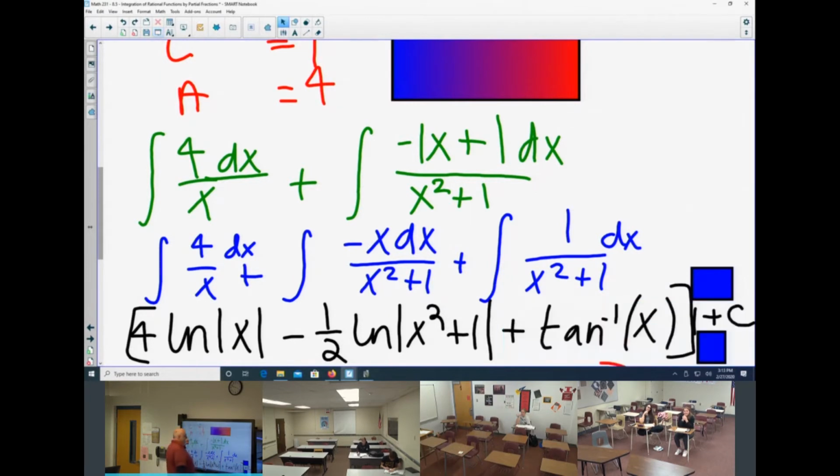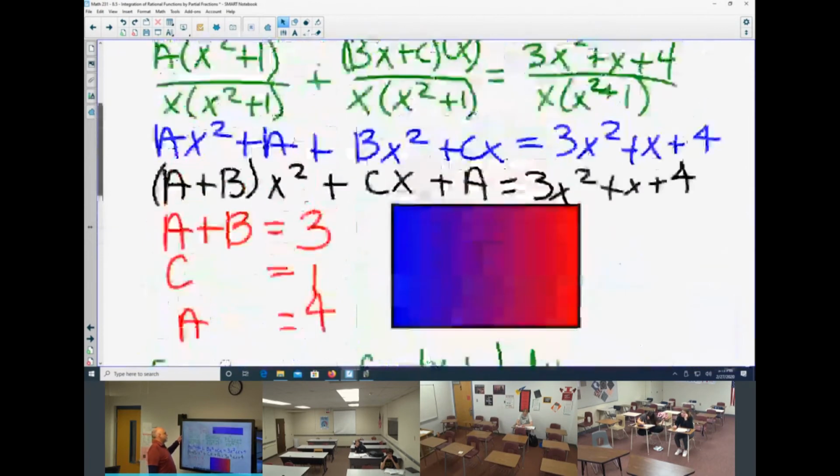So it's the inverse tangent of x plus c. When you have x squared plus a squared, it's going to be the inverse tangent when it's not under the radical. If it's under the radical, you have to use one of those triangles. But if it's not under the radical, it's going to be inverse tangent. Good. Any questions on that?